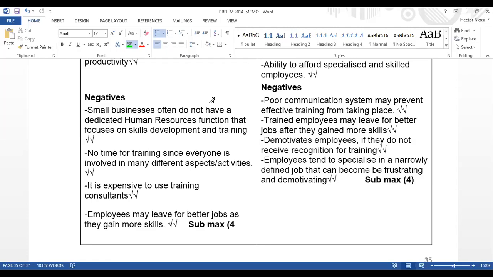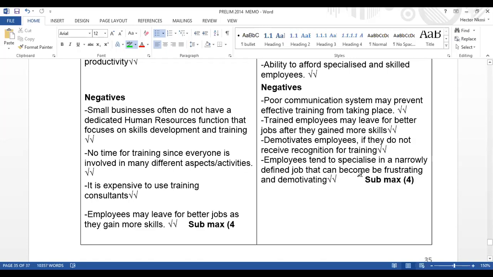Right, great. You don't have to cram all of these things. You just need to understand the concept of what is happening in the question or chapter. Once you do that, you are actually done. Let's look at another point. This point says it demotivates employees if they do not receive recognition for training.